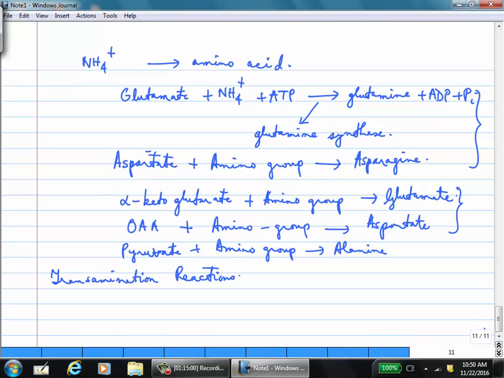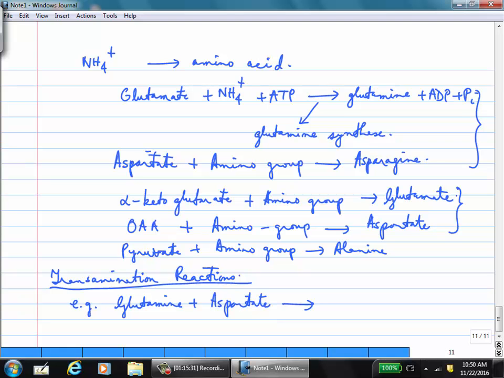In a transamination reaction, an amino group will move from one amino acid to another. So for example, if you have a reaction with glutamine plus aspartate, glutamine is going to transfer its amino group to aspartate. What are the products going to be? This is a transamination reaction that is catalyzed by an enzyme; I'll give you the name of the enzyme in a moment.